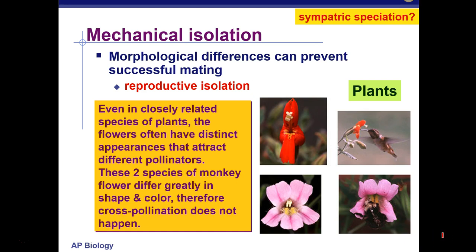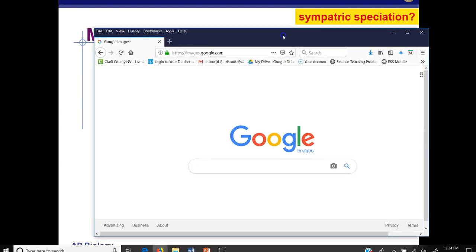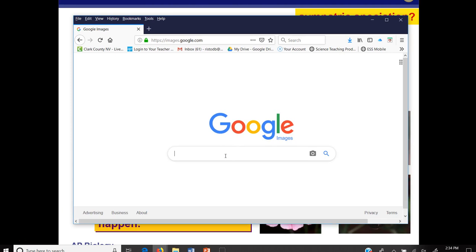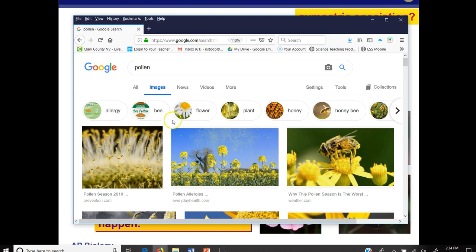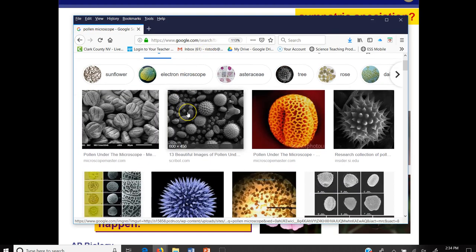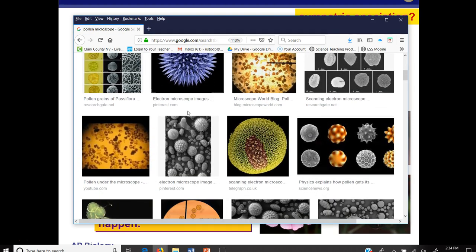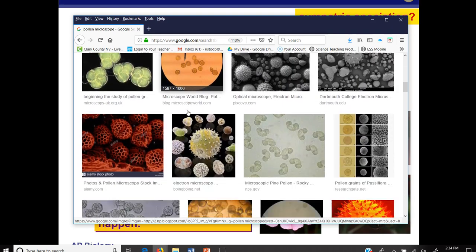So if you were to look at pollen under a microscope, you can see pollen comes in various different shapes.